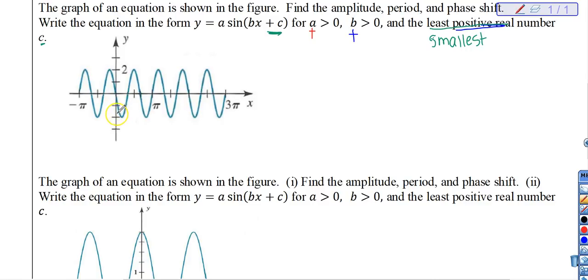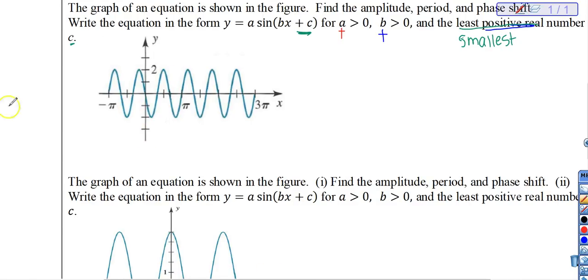Maybe you want to write that over here: this is the smallest shift of a sine wave, which starts at the equilibrium, goes high, hits the equilibrium, goes low, and then comes back up. So it's the smallest shift left of that pattern, because we want C to be positive, and we want it to be the smallest C possible. That's the explanation.